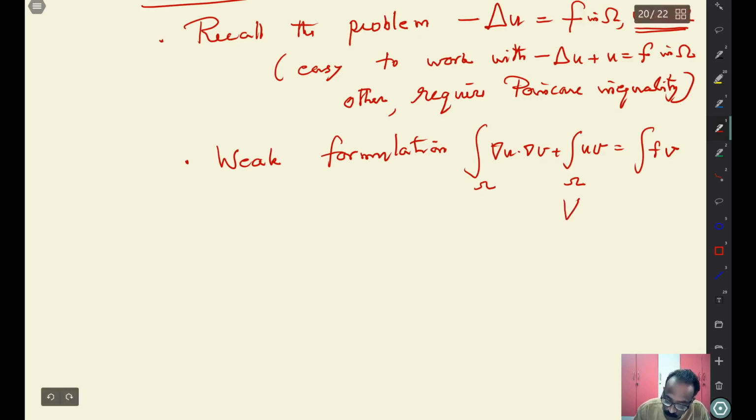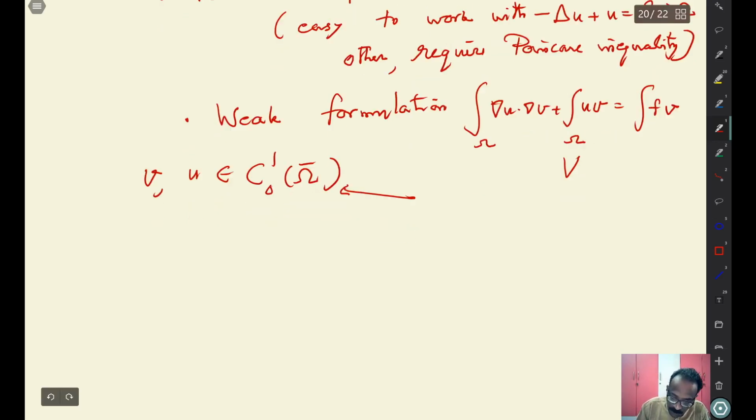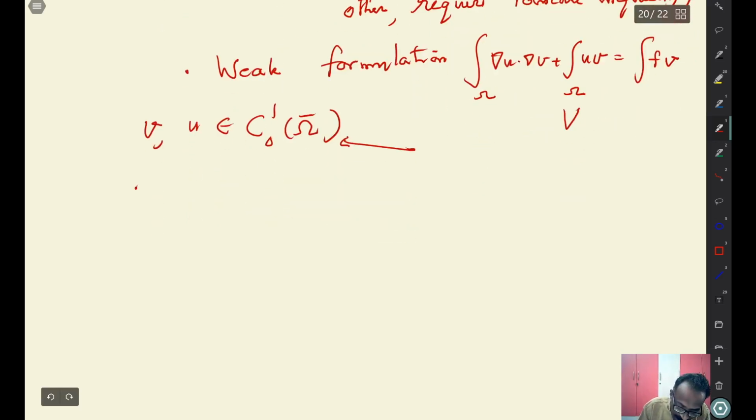Initially we started with u in C1 naught of omega bar, and your v is also there, but you have seen this is not complete, so you have to introduce a norm now. We can justify whatever we have done in the first two lectures of this series. Introduce a norm of u, or norm of v.